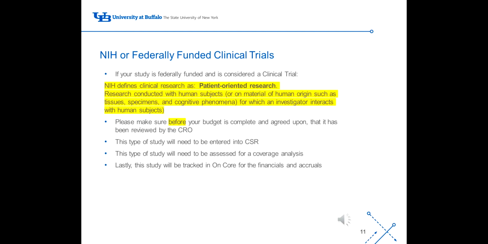Also be aware that this type of study should be entered into the CSR, should be assessed for coverage analysis, that the CA and CTMS fees apply to these types of trials, and that these budgets also need to be reviewed by the CRO before finalizing as well.